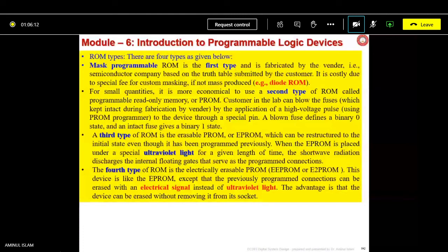Meaning if a vendor gives its truth table and has some chips made, the foundry's processing steps or chip making steps may be different from what they generally make.